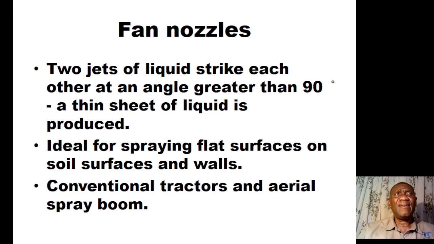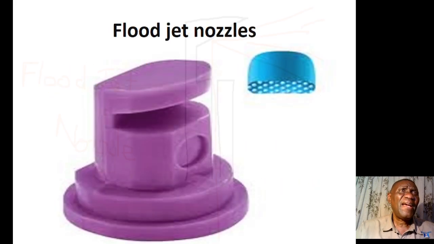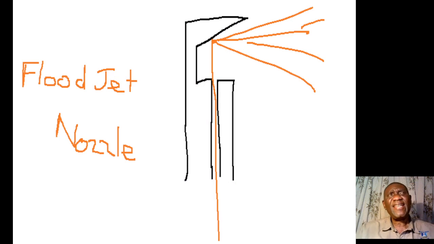Now, in this previous nozzle, please note that the liquid is forced to hit something which is hard, and it breaks. That's how the droplets are formed. In the first one, the hydraulic one, the liquid is forced through a small opening, that's also creating droplets.